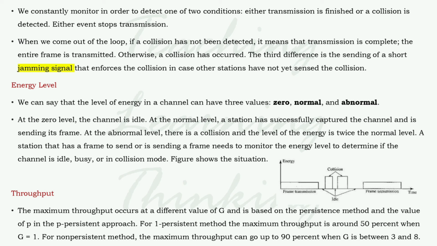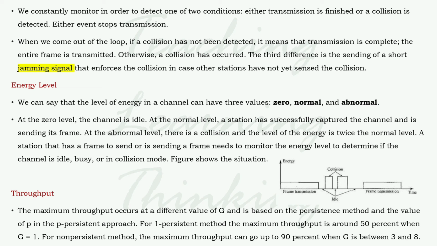Energy level. We can say that the energy level in a channel can have three values: 0, normal, and abnormal. At 0 level, the channel is idle. At normal level, a station has successfully captured the channel and is sending its frame. At abnormal level, there is a collision and the level of energy is twice the normal level.